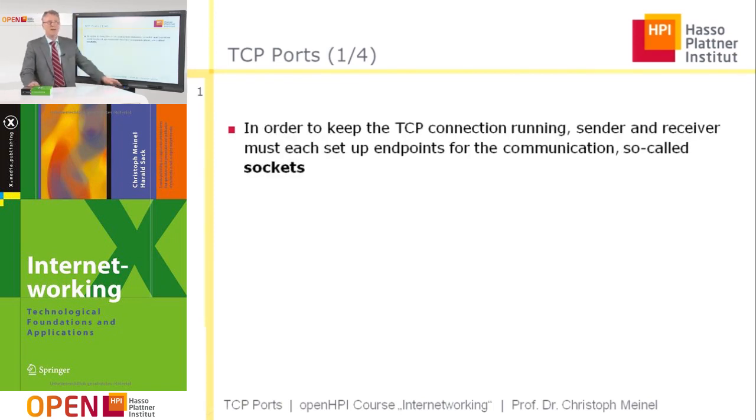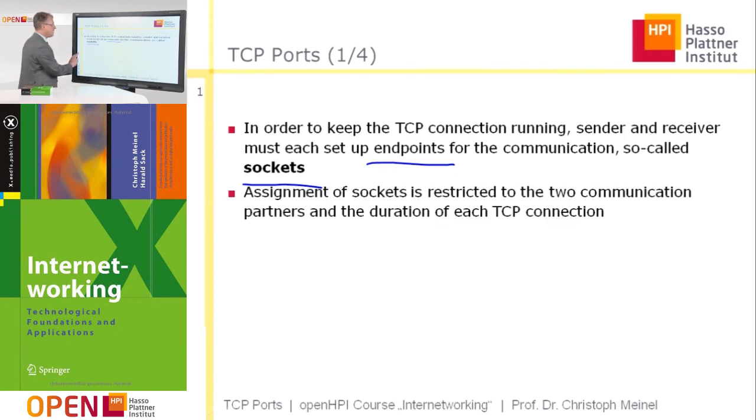In order to keep TCP connections running, on the sender side as well as the receiver side, there must be endpoints for the communication, and these endpoints are called sockets. As soon as a TCP connection should be established, such endpoints for the TCP communication need to be established.